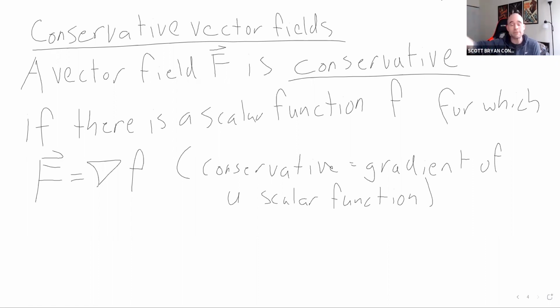So if a vector field is a gradient of some function, if you can find a function where you take the gradient and you get this vector field, we say this vector field is conservative.